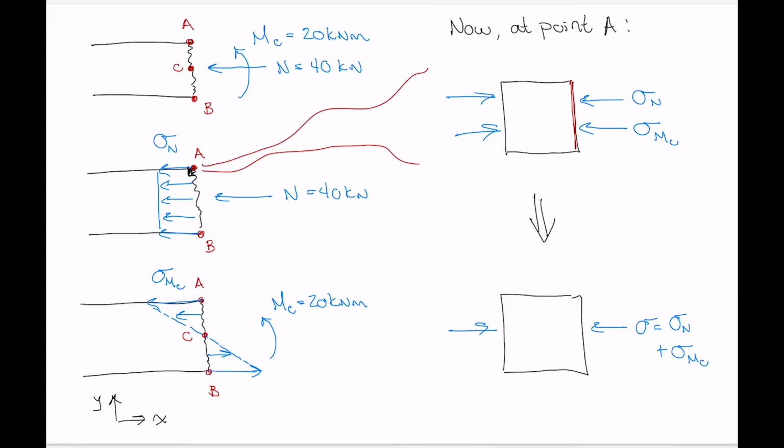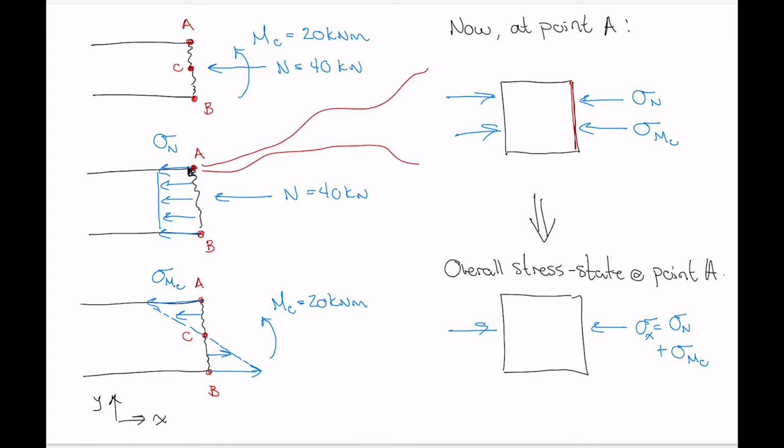Okay, so this picture down here gives the overall stress state at point A. And now because this normal stress is occurring in the x direction, as I've just defined down here, we'd label this as sigma subscript x for the normal stress in the x direction.